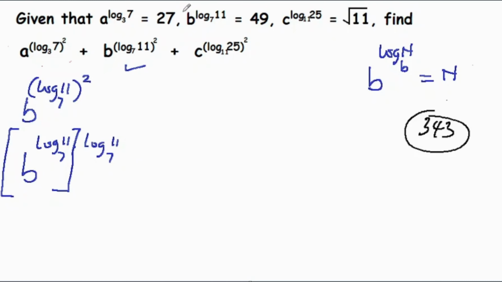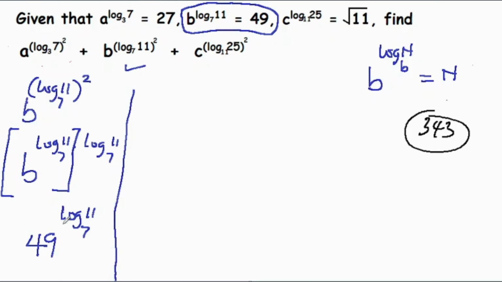In the question, we are given b raised to power log 11 base 7. We are told that that is equal to 49. So we're going to put 49 here now. So we have 49 raised to power log 11 base 7. Good. We're progressing.